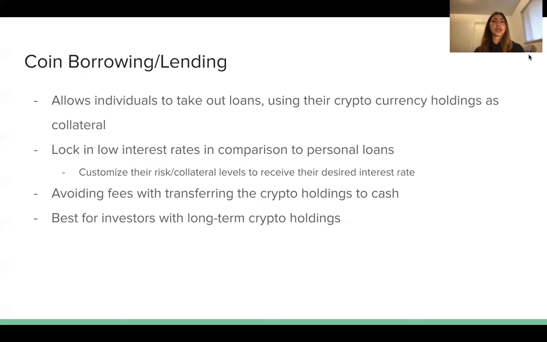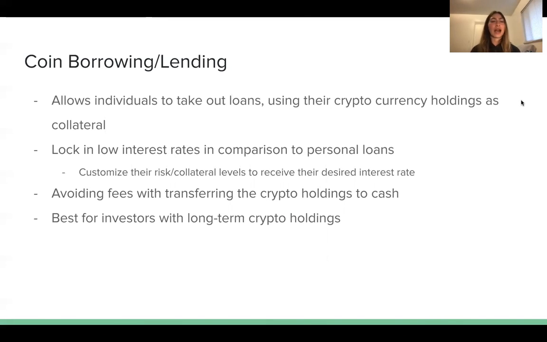And investors can really customize their risk level to lock in the desired rate. Basically, investors can directly take out loans with crypto rather than converting the crypto to cash first. And this allows investors with long-term crypto holdings that are seeking cash loans to do this directly.